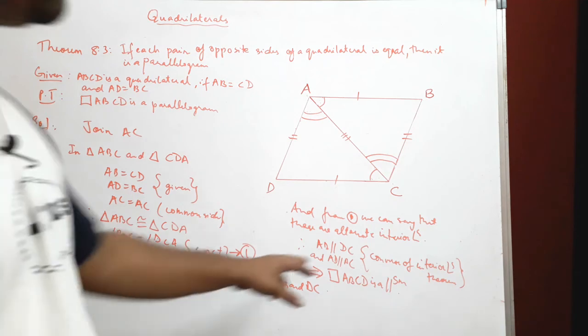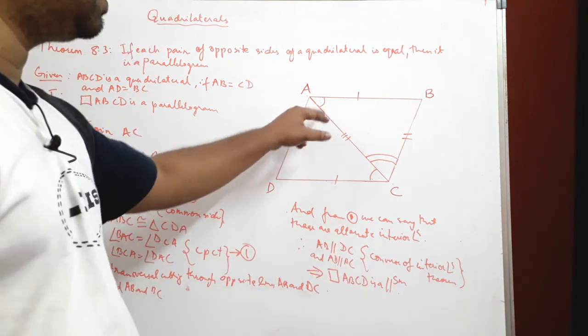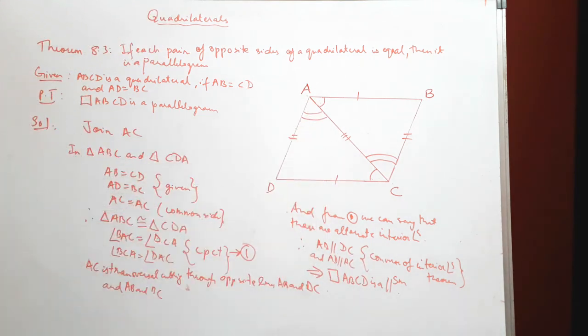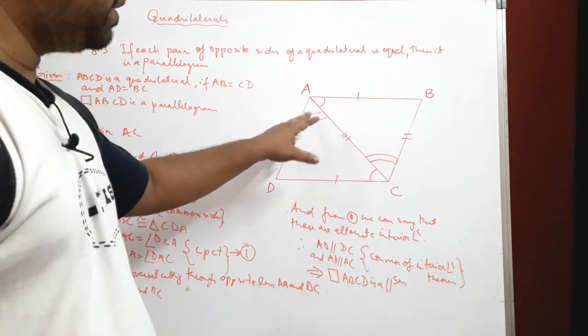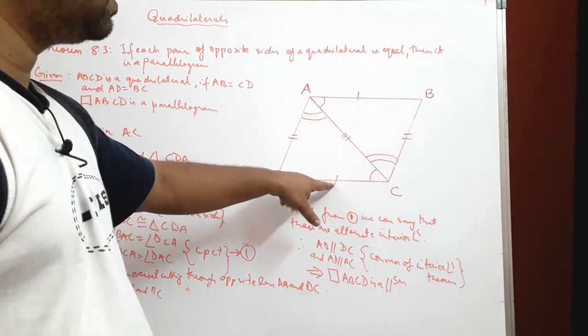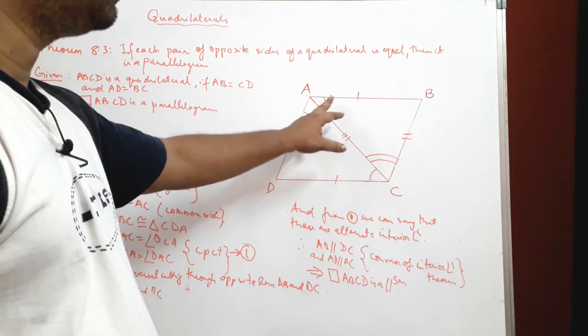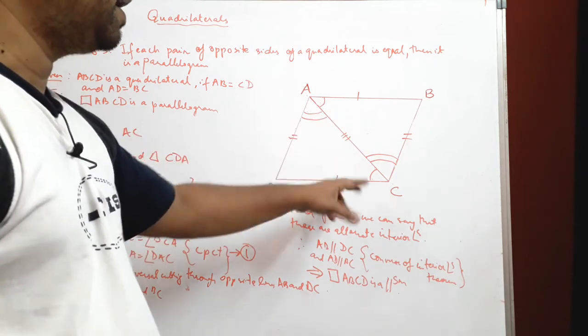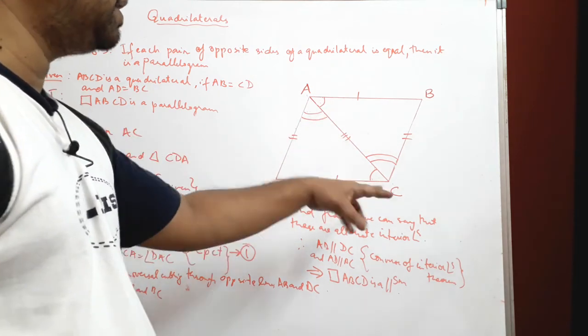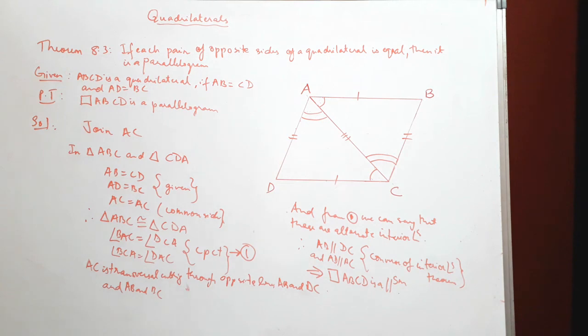By the converse of the interior angle theorem, we know that when alternate interior angles are equal to each other, the lines that are forming them are parallel to each other, and if the pairs of opposite sides of a quadrilateral are parallel to each other, then we can call it a parallelogram.